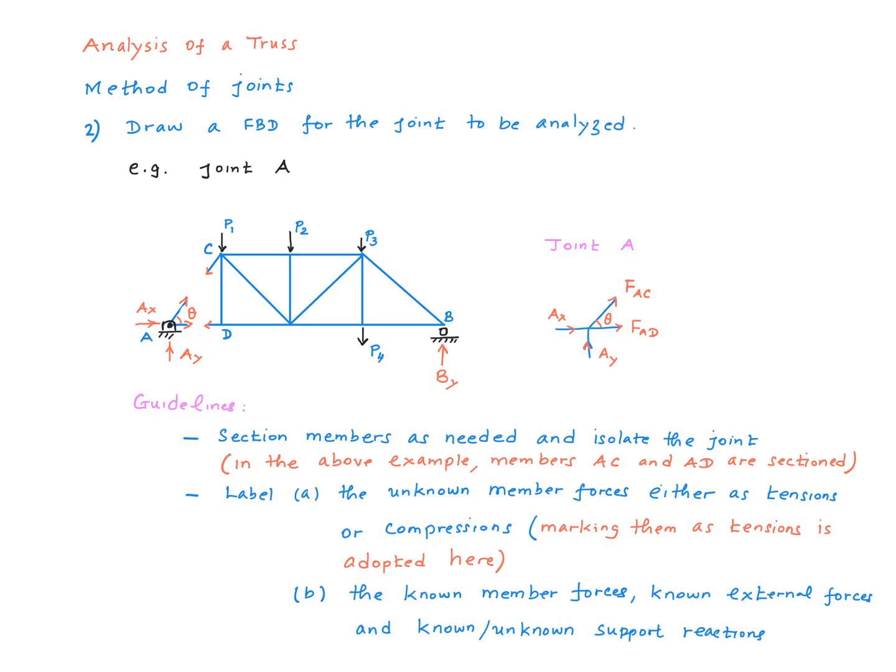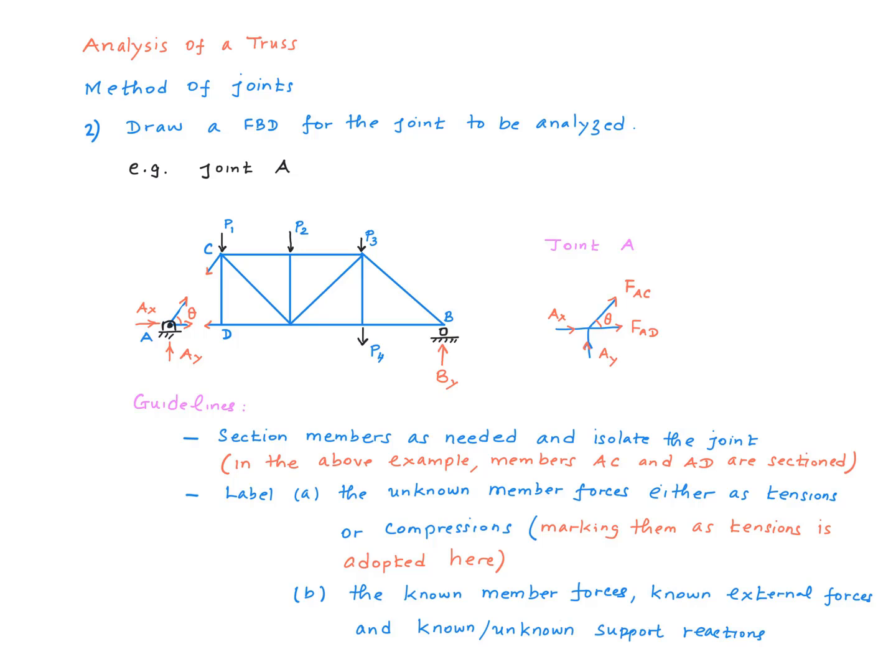Remember, in a truss, the internal forces on members could either be tensions or compressions, but I recommend that you mark them as tension to begin with. The values we get for these forces at the end will tell you whether they are actually tensions or compressions, right? In completing the free body diagram, you want to mark all of the known and unknown forces.